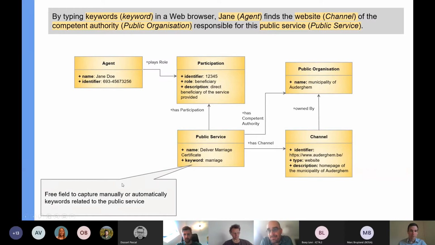One maybe related topic is the keywords. I don't know to what extent this is something that you use a lot within administrations. The fact to capture keywords that actually characterize or are useful for different usages related to a public service. For example, here we used marriage, as this is probably one keyword that the person used.